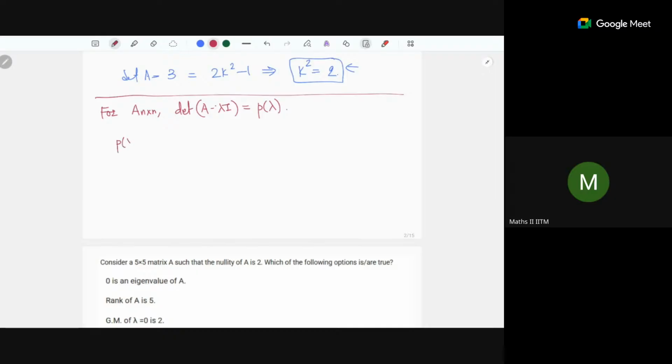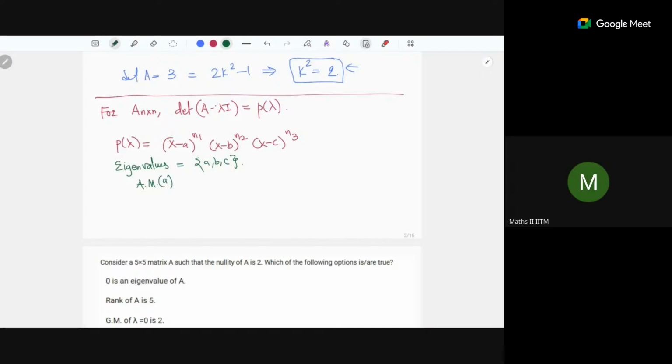Let's say your p of lambda looks like (x minus a) to the power of n1, (x minus b) to the power of n2, and (x minus c) to the power of some n3. Suppose this is your p of lambda. So what are the eigenvalues in this case? The eigenvalues would be a, b, c. What would be the algebraic multiplicity of each eigenvalue?